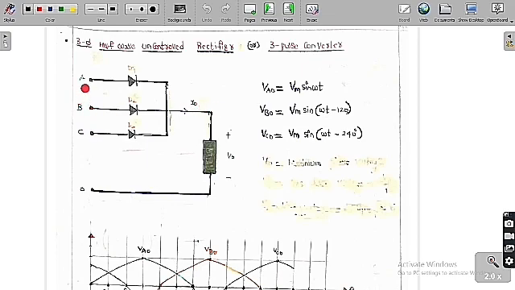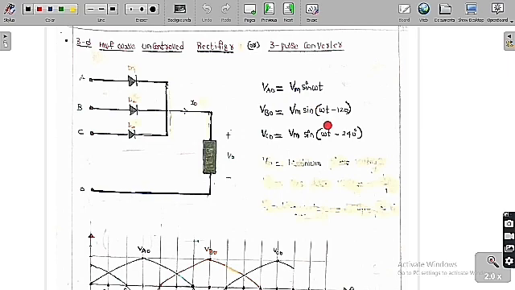We are going to keep 3 sources from A to 0, B to 0 and C to 0. The voltages are VA0 equal to Vm sin omega t, VB0 equal to Vm sin of omega t minus 120, and VC0 equal to Vm sin of omega t minus 240.